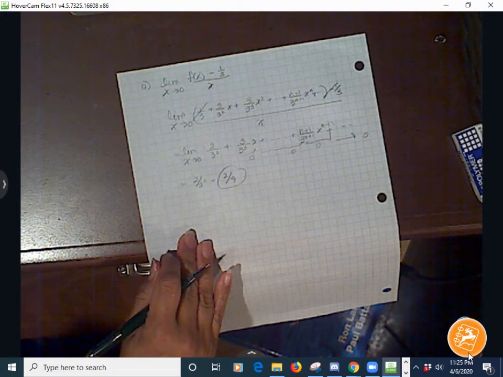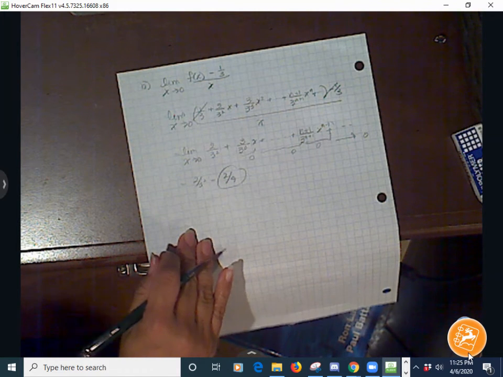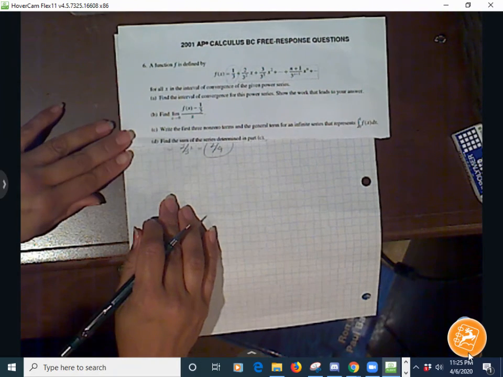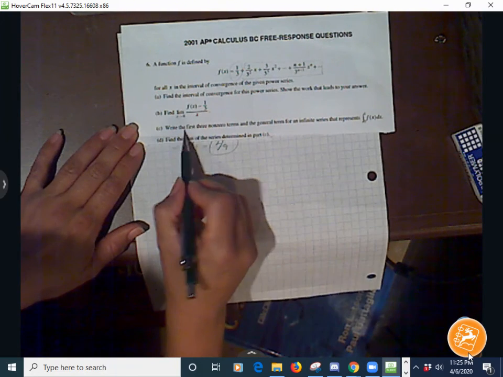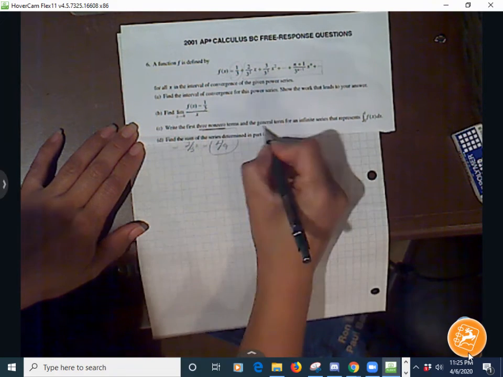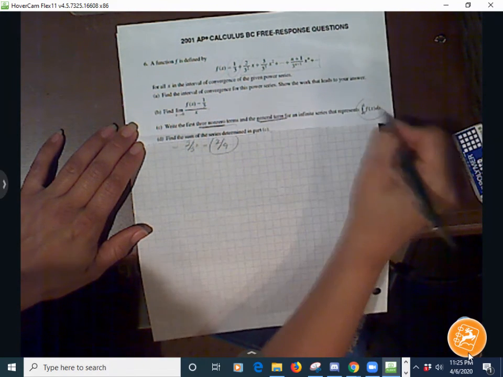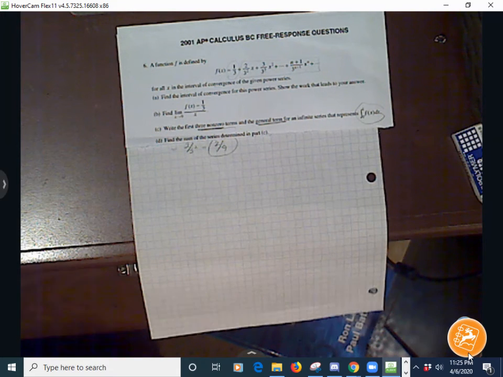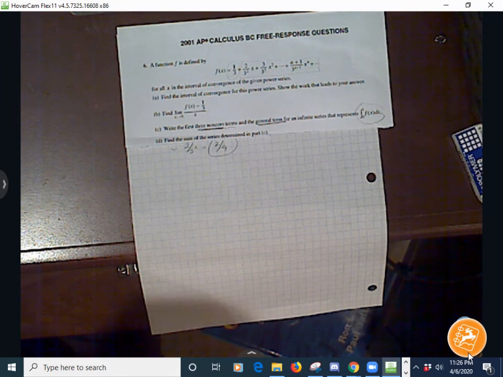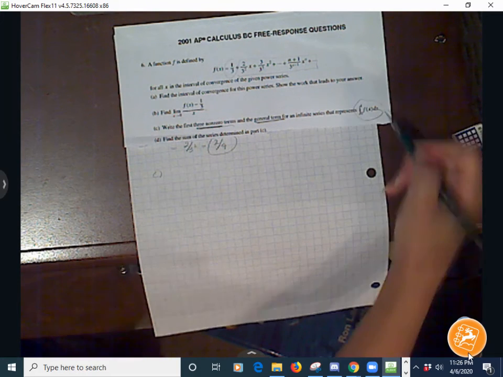Okay. All right. So now let's see. Part C. It says write the first 3 non-zero terms and the general term for the infinite series that represents this integral. Okay, so part C. We need to integrate this.